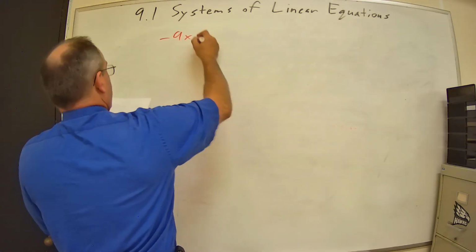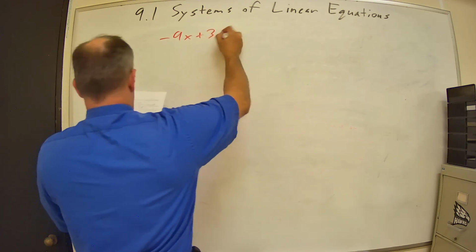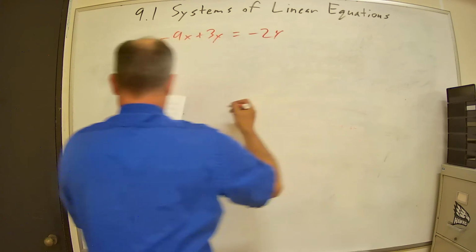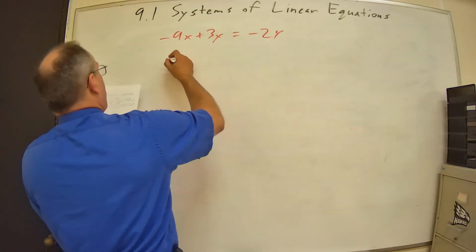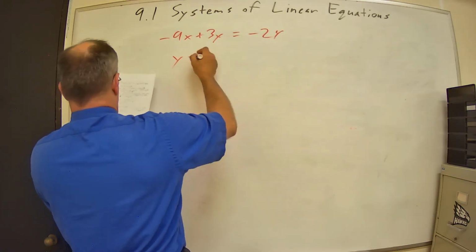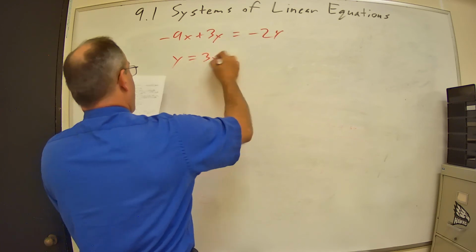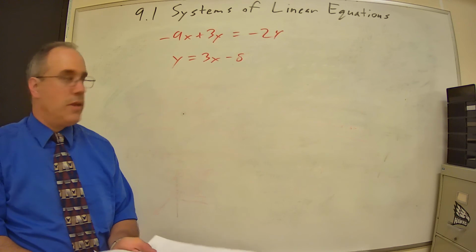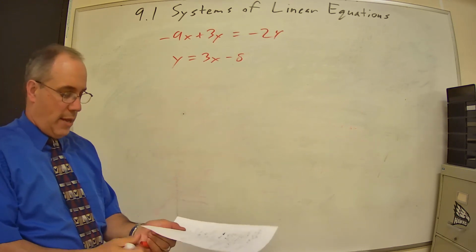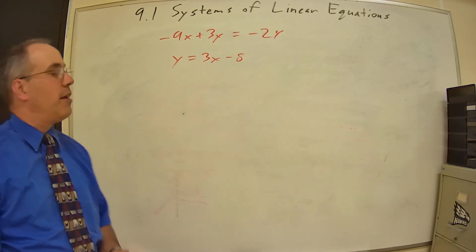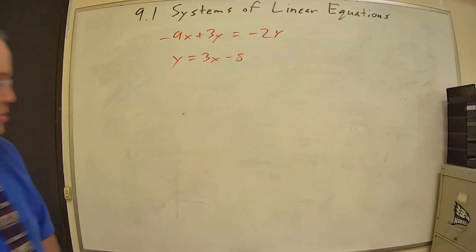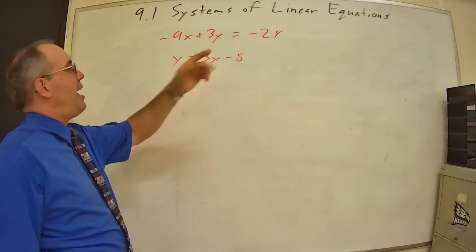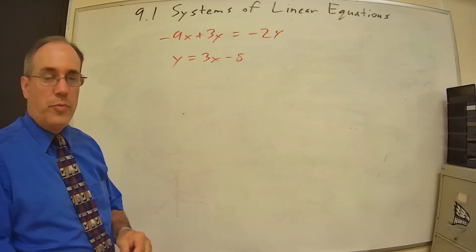Negative 9x plus 3y is equal to negative 24. And y is equal to 3x minus 8. So now I look at this and I say, well, gee, it already has us solved for y in one thing, so that looks like a substitution problem to me.